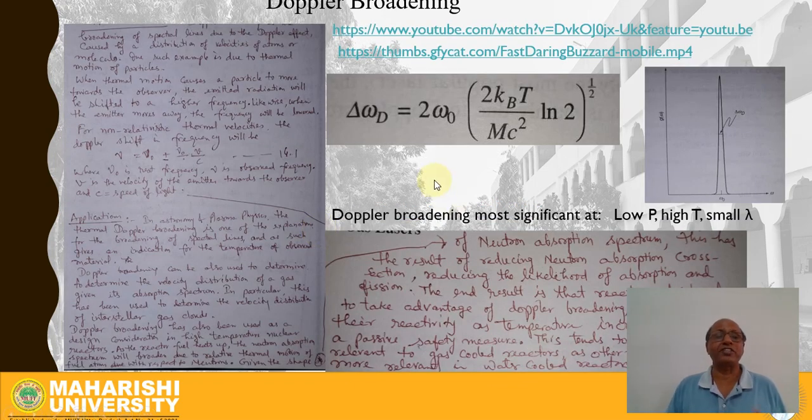Now let us discuss Doppler broadening. You might have heard about a Doppler radar in microwaves, and you might have seen a practical example of a police system which detects the speed of your car while you are moving on a road in your vehicle.